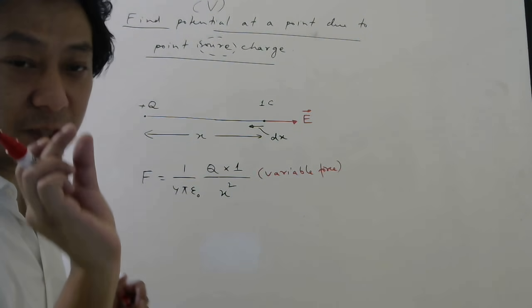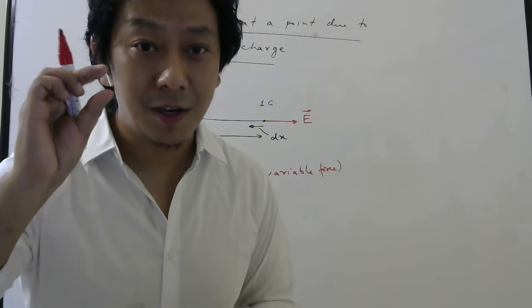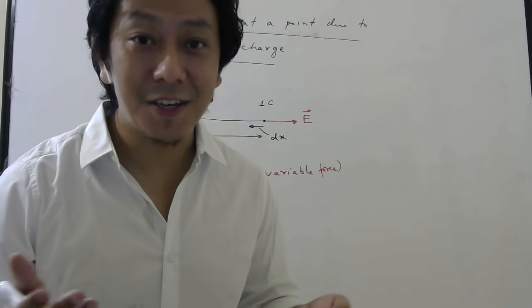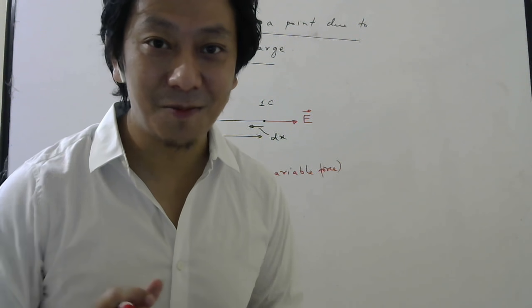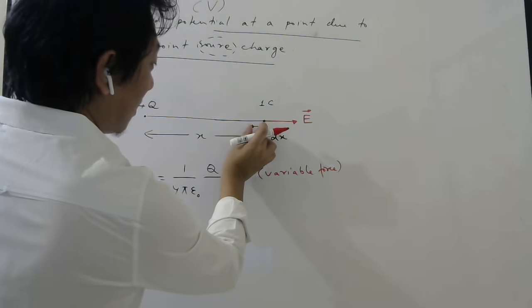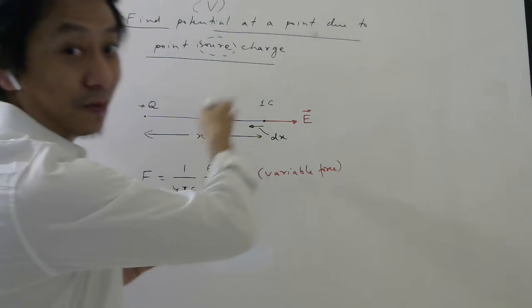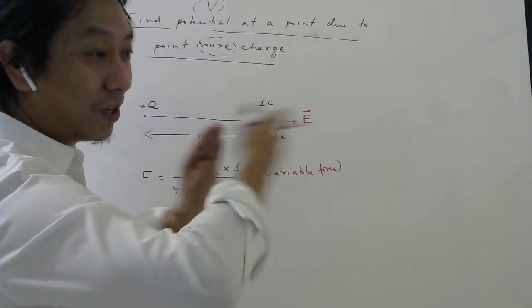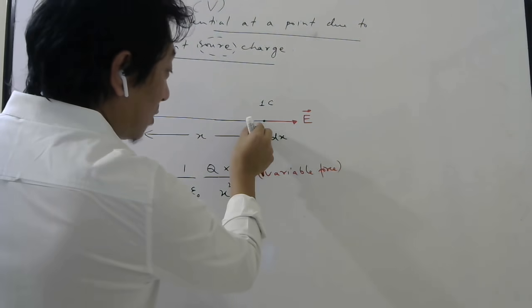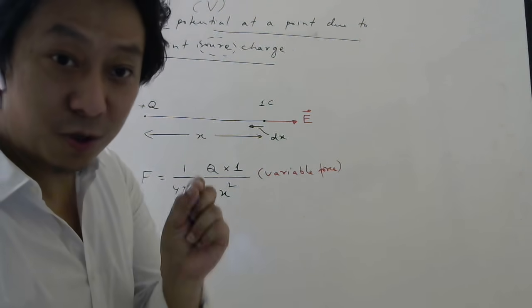Before also I told you, for 10 seconds I can assume your height is constant. But for 16 years I cannot say your height was constant, right? From the time you were born till today. So for a small displacement, not from infinity to this point, that is a large displacement. During that large displacement, this force will 100% change. But for small displacement, I can take the force to be constant.